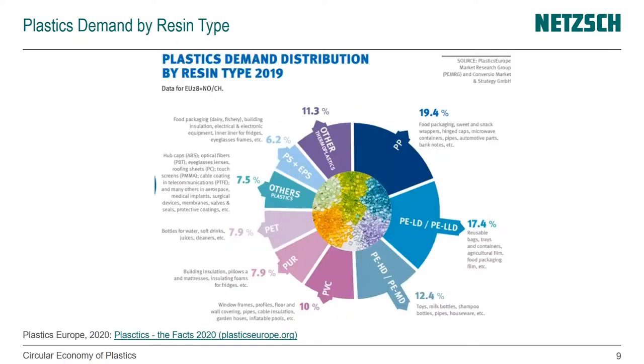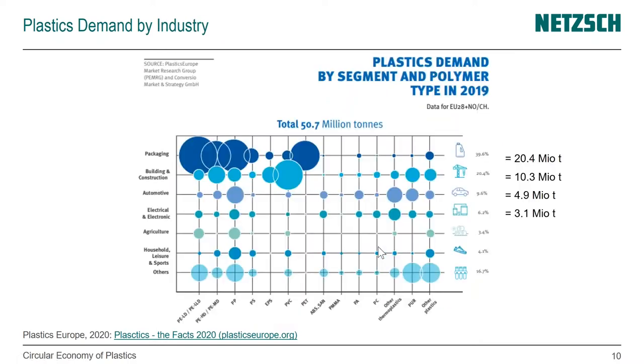And when we look at what types of resins we're using, I want you to pay attention to the right side of this chart, where you see all the polyolefins, the PP, the LDPE, and HDPE, and they really make up 50% of the plastic materials that we're using.